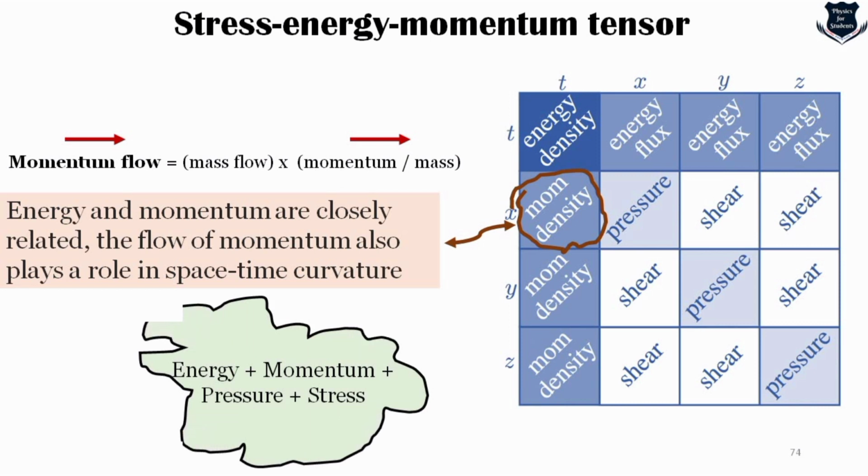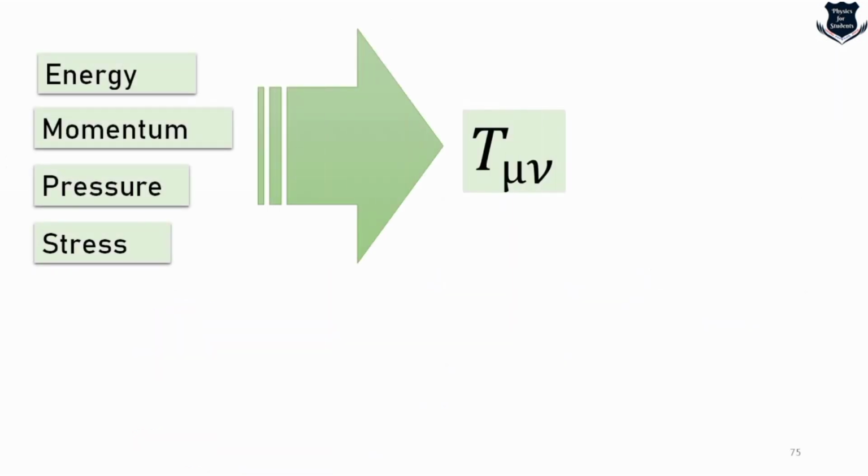And this photograph actually shows, so we got energy and momentum and pressure and stress, and this actually forms the curvature. So this is another important tensor of general relativity, which is responsible for the matter movement. So here we summarize energy, momentum and pressure.